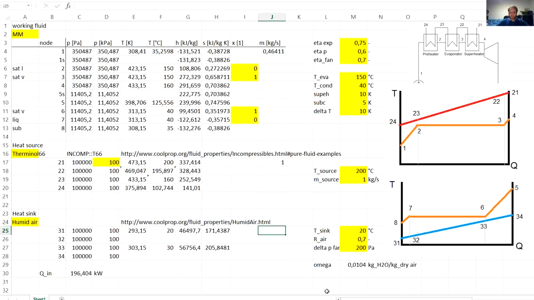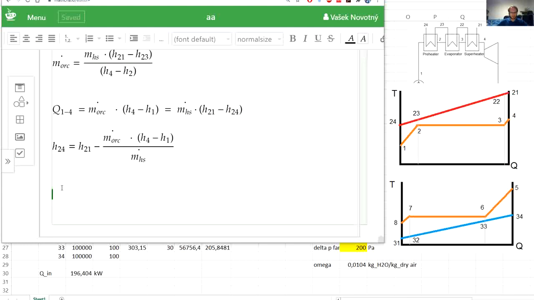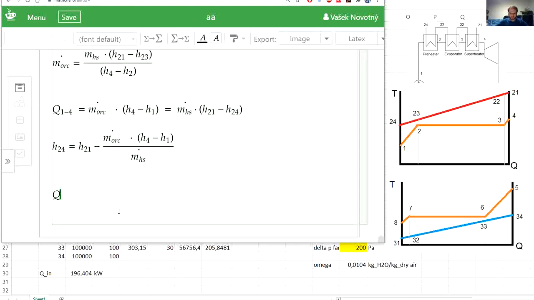So the mass flow rate, or let's just show it in here, just to make sure. So the Q68 needs to be the same as Q33 to 31.